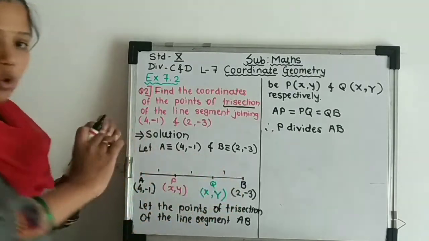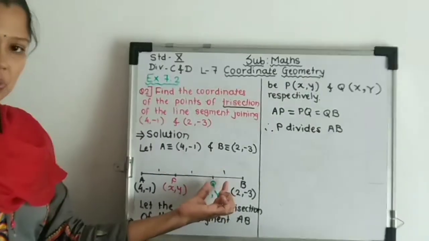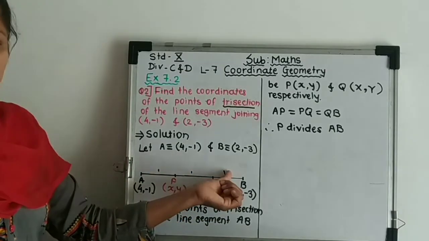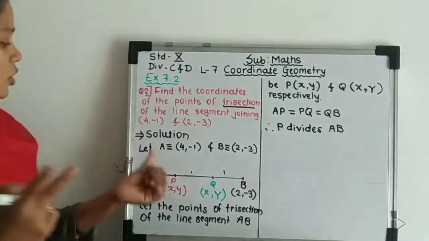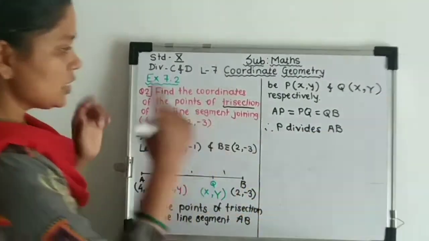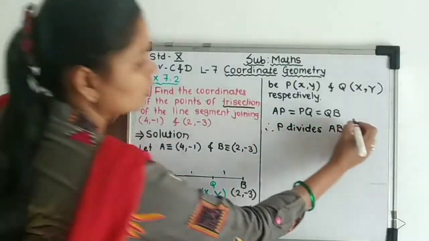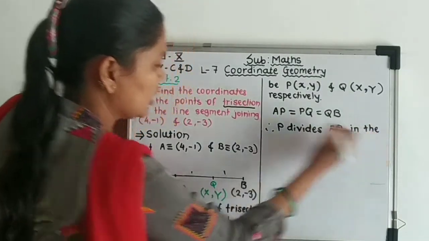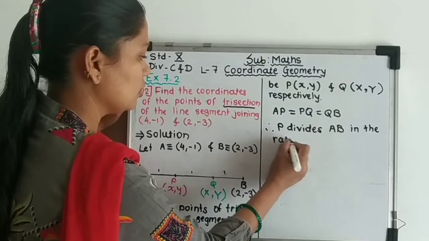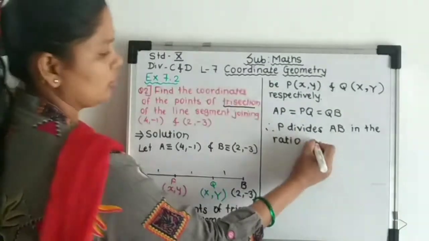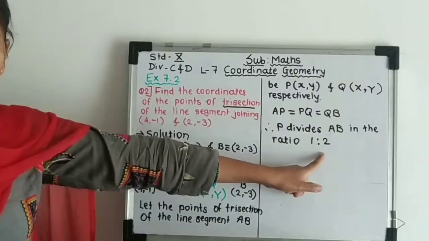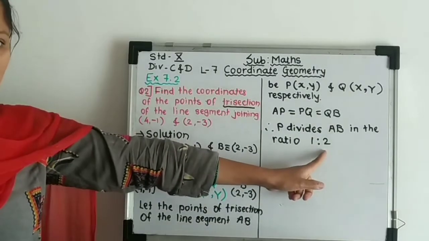What about the whole PB? Don't consider Q now. The whole PB becomes 1 plus 1, it becomes 2. So P divides AB in the ratio 1:2. Understood how and why I have written 1:2?